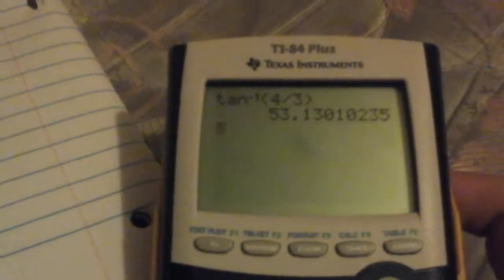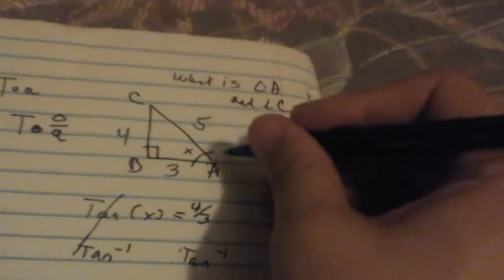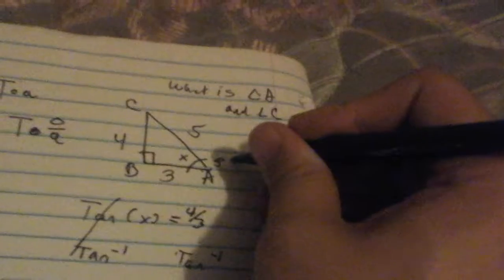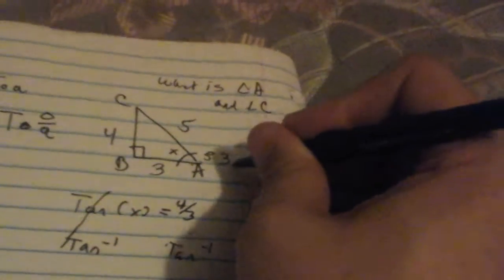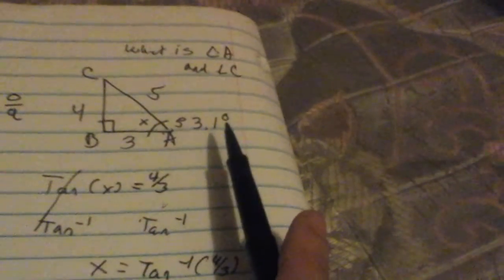You press enter, and you get this number, 53.1 degrees. So what does that mean? That means angle A, or the value of X, is 53.1 degrees. Okay, we just got that angle. How can we get angle C?